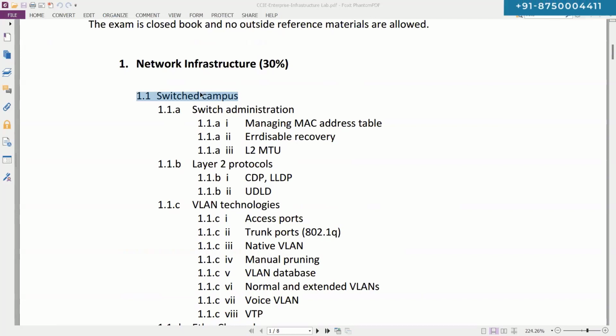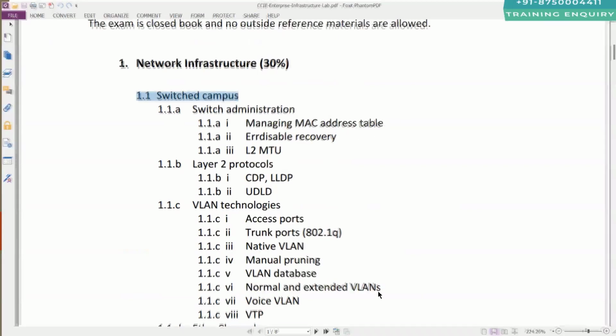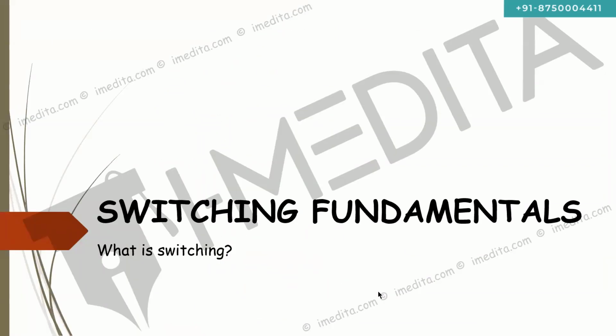All right, let's begin with this switching fundamentals topic. Yes, the routing part is already done, so this is the switching part. Once the switching part is done, we will most probably start SD-WAN, and then we will start the routing again. So yes, I will be going through all the contents of the CCIE.